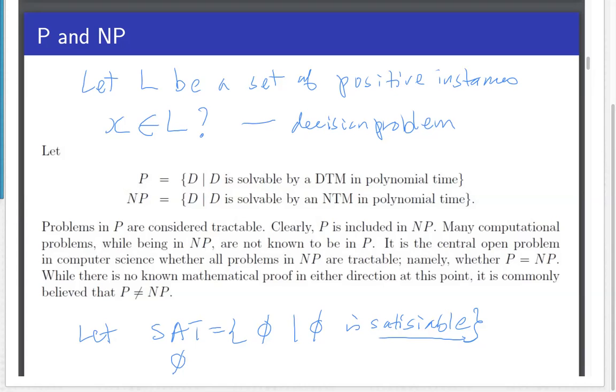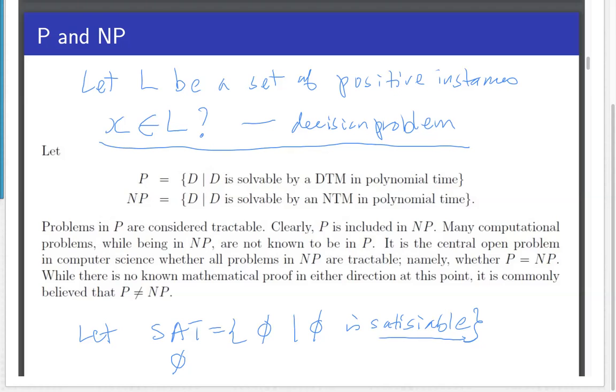And of course, it's easy to verify: if you are given a truth assignment and you say it makes the formula true, I can verify it pretty easily. But finding that truth assignment is not easy. Nobody knows how to find it efficiently for any given Boolean formula, because SAT is NP-complete. But here we just explain what a decision problem is.